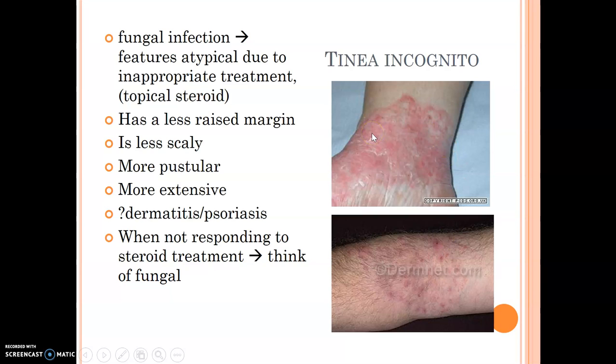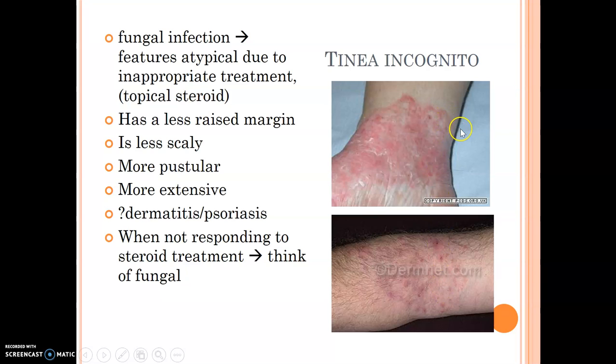Next is tinea incognito. Basically, tinea incognito is just a tinea infection, which can be anywhere. But because of inappropriate treatment, usually with topical steroid, it has fewer features of tinea infection. Sometimes we wouldn't know whether this is tinea infection or eczema.